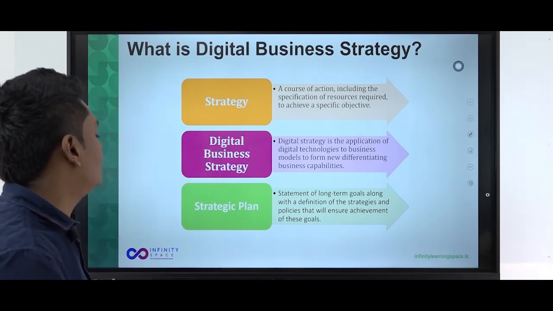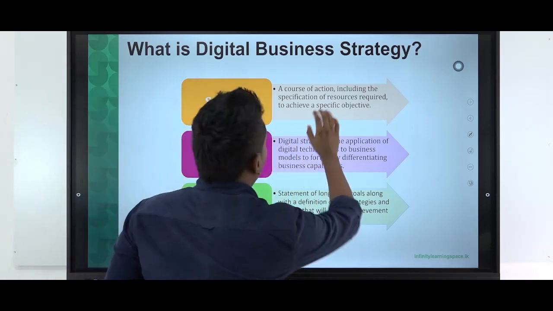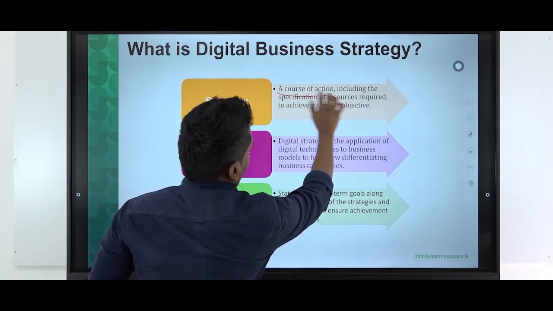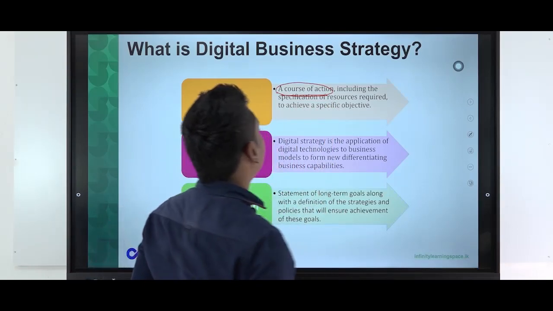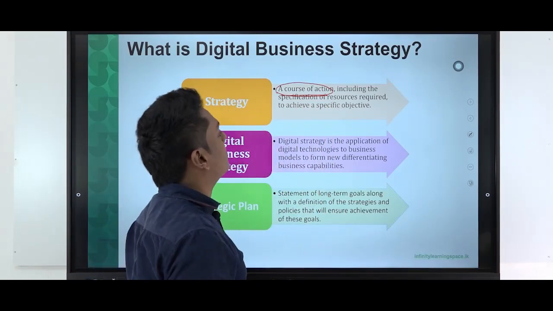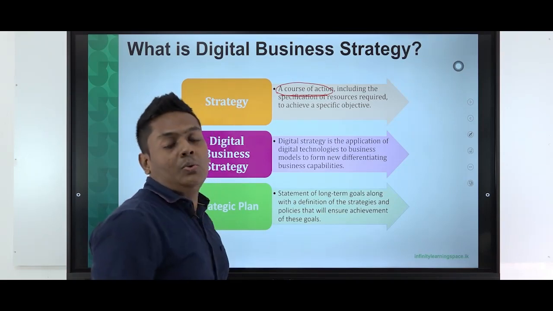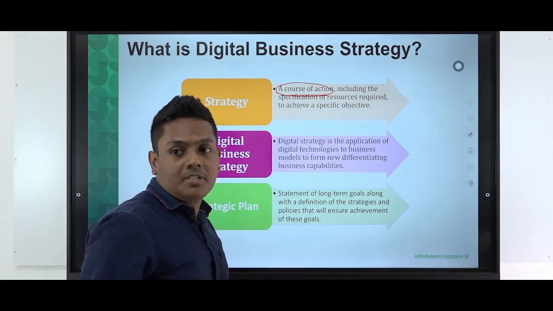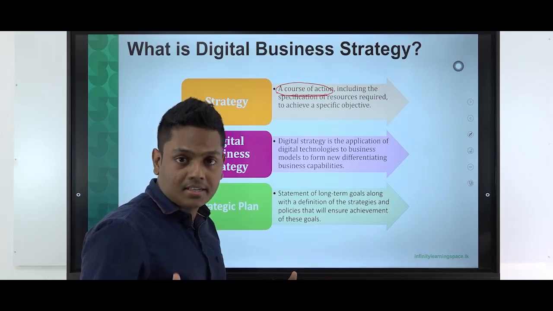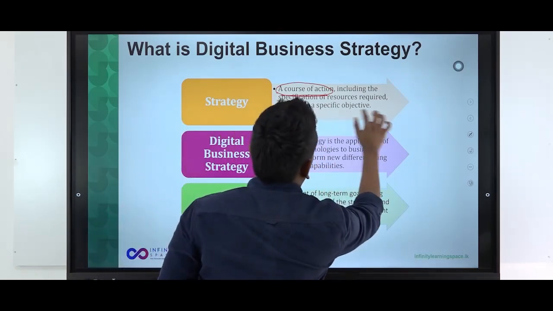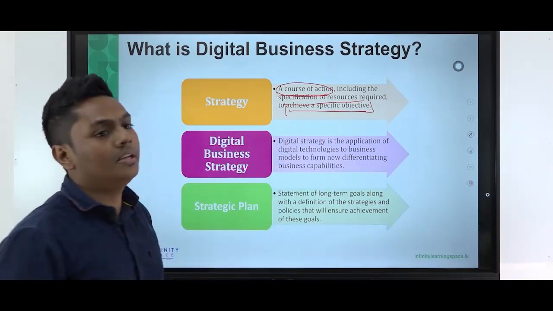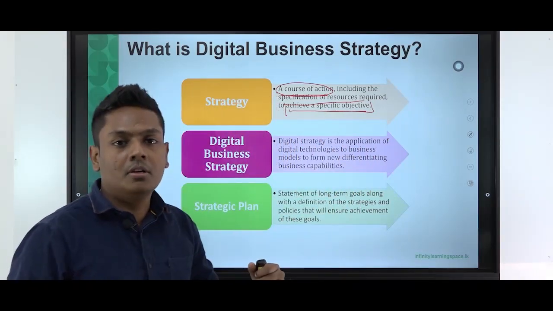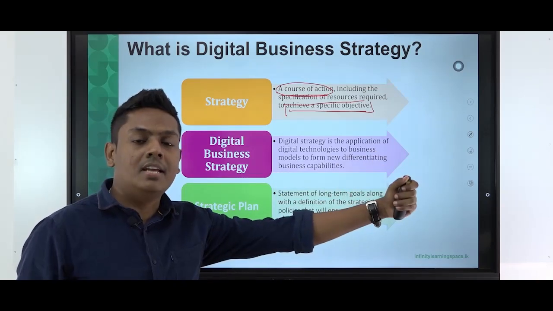Let me initially read this out. A course of action. Okay, a course of action including the specification of resources required to achieve a specific objective. To what? To achieve a specific objective. Strategy should have objective. Otherwise, if you do not have objective, what is the purpose of setting a strategy?